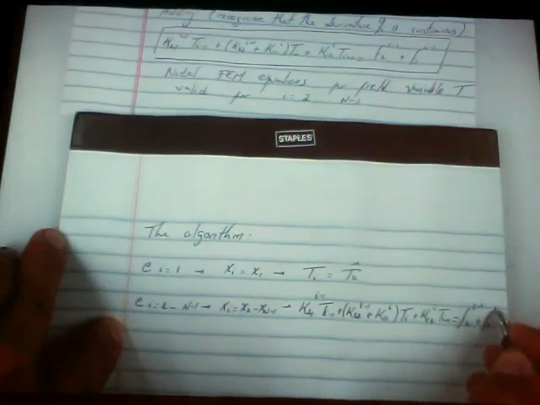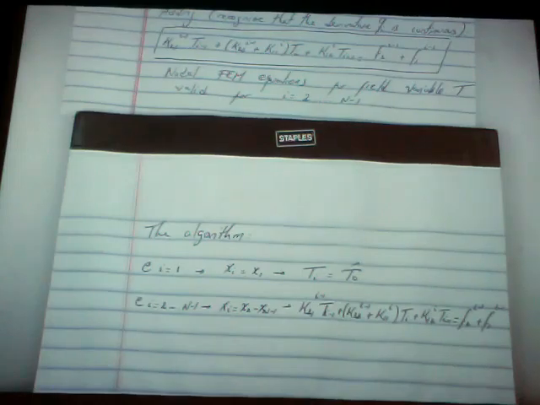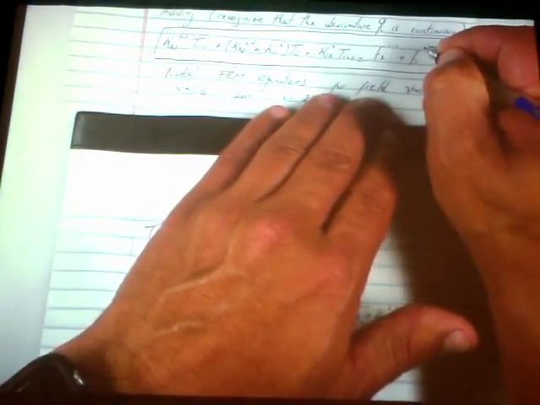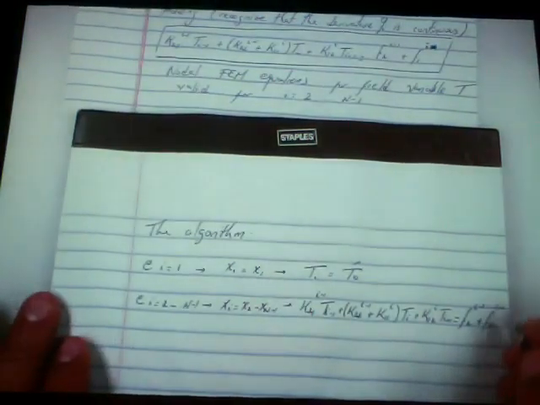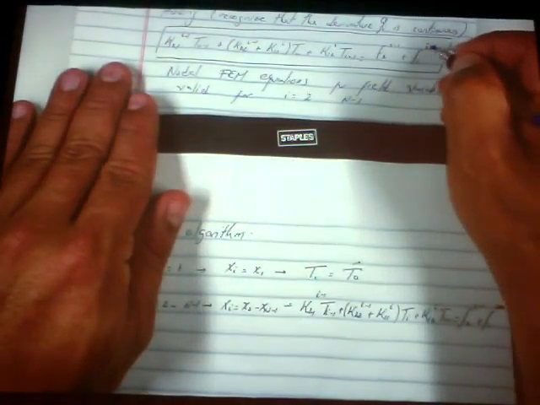Plus, oops, I'm sorry, I made a mistake here. This would be F1 of i. Just F1 of i.